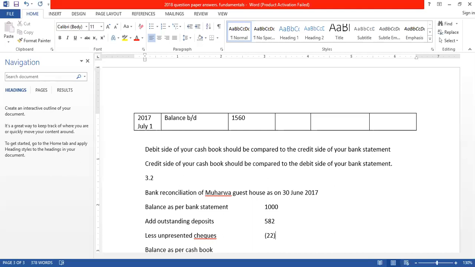So you less your unpresented checks. How much will we get?